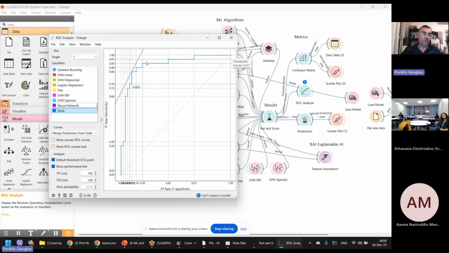The way we interpret this ROC curve is that starting from the top right, here the threshold is equal to 0. So for every observation, everyone is going to have a predicted probability of being a bad customer higher than 0. So everybody is predicted as a bad customer.